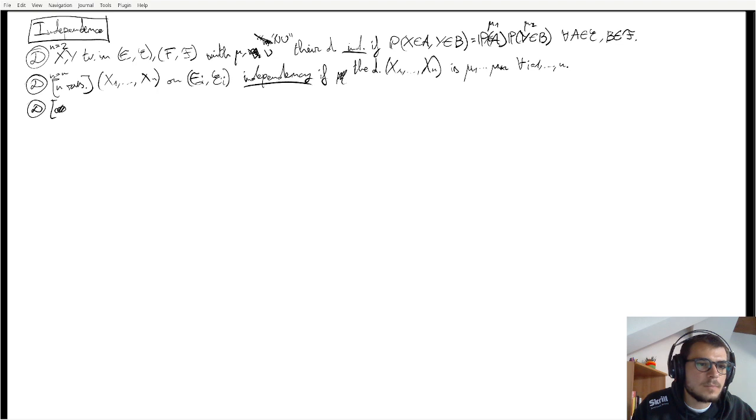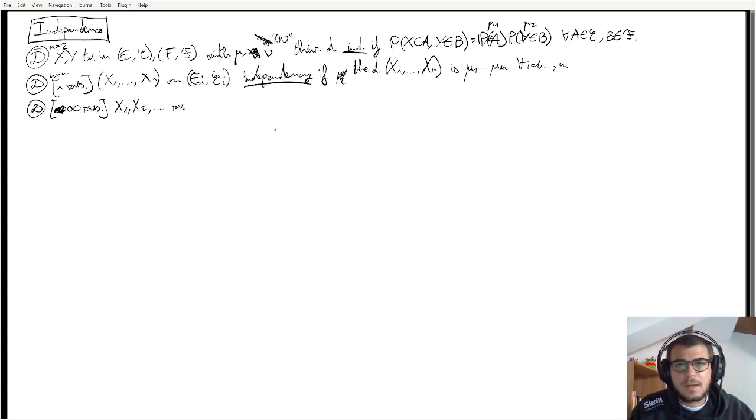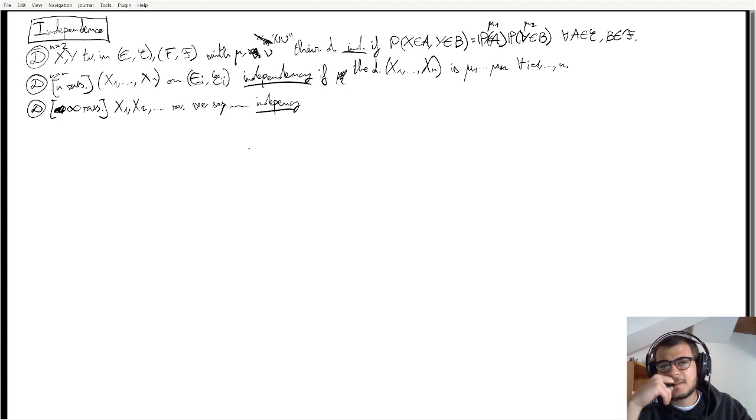So given an infinite collection X1, X2, and so on, of random variables, each one having a distribution as before, we say they form an independency again. I don't find it very nice to have the same name for both the finite and infinite case.